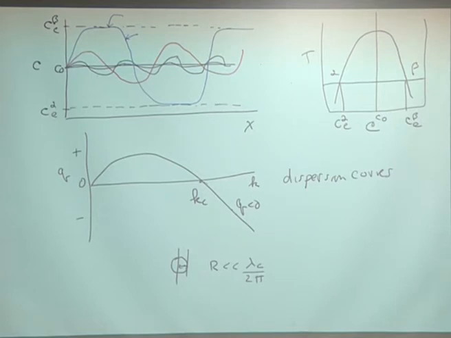Okay? So in other words, the radius of your particle sits out here someplace if you put it in wave number space. So what would happen to that particle?